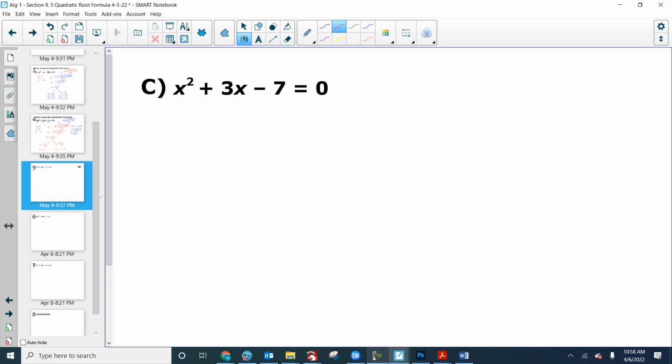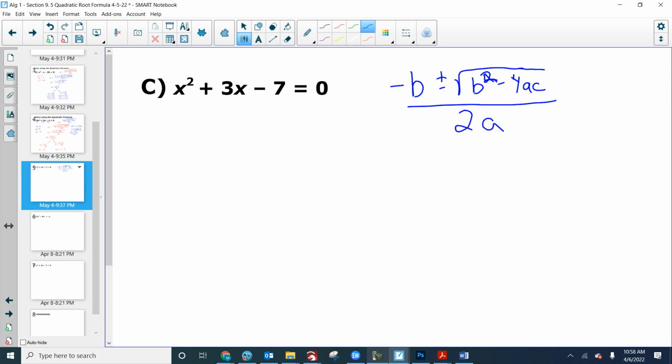What's the formula again? Negative b plus or minus the square root of b squared minus 4ac, all over 2a, right? You always want to do this first, guys. Make sure it's in standard form here.